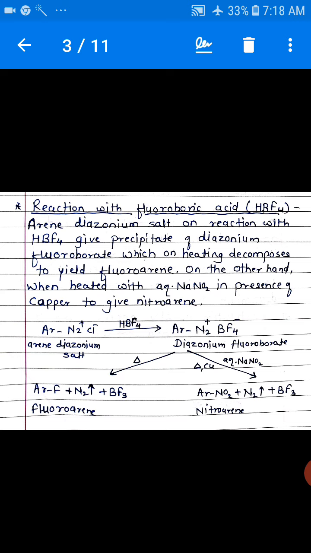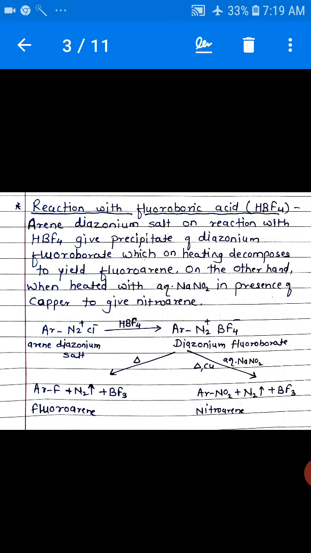Aryl diazonium salt, that is ArN2+Cl-, on reaction with HBF4, that is fluoroboric acid, forms diazonium fluoroborate, that is ArN2+BF4-.